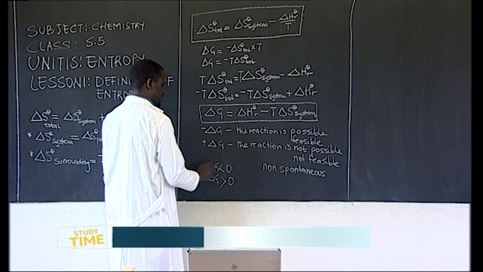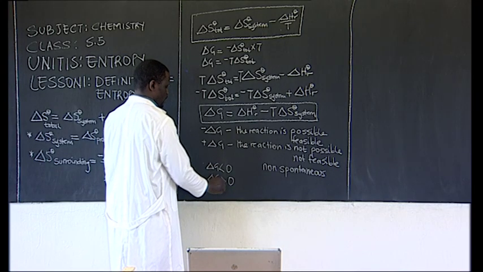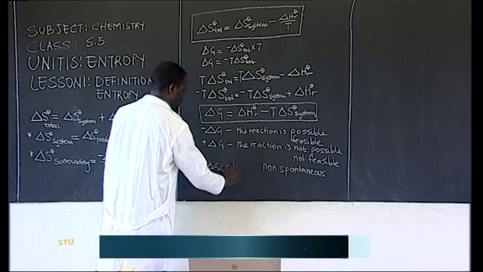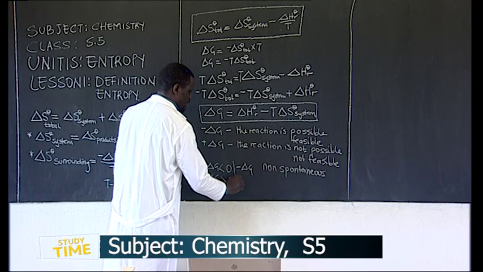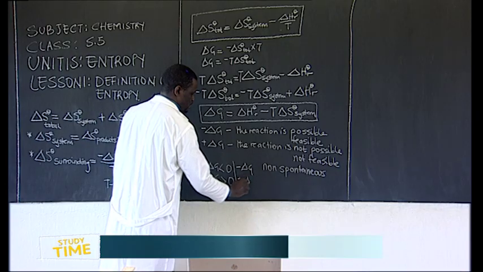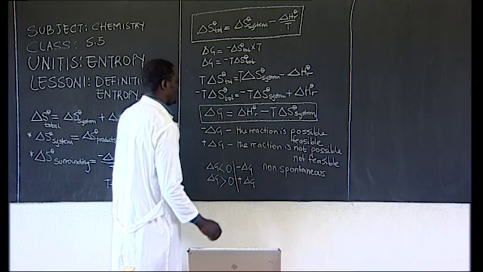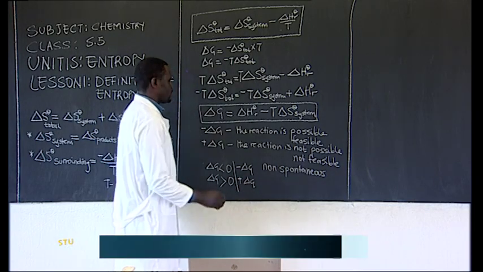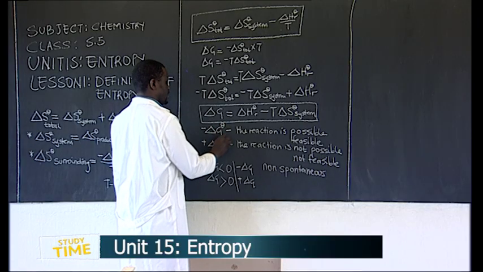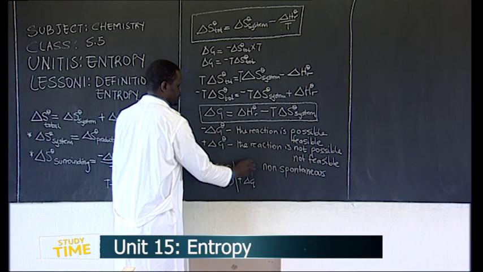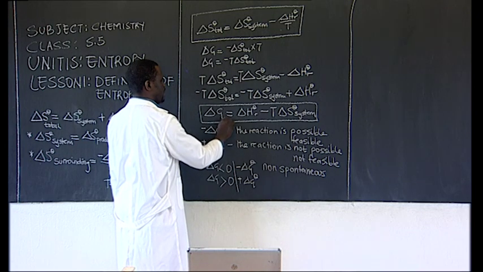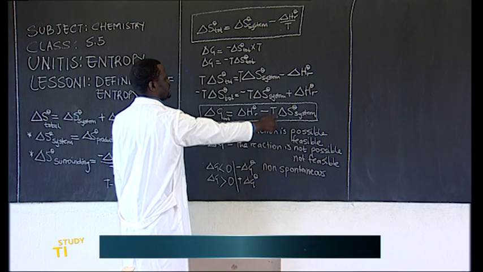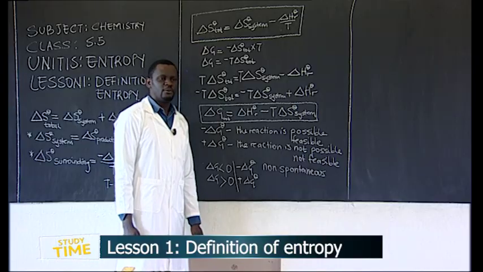So if it is less than 0, then this one will be negative; here we shall have negative delta G, and here we shall have positive delta G. For standard values, we normally put this thing here for standard units. And sometimes to be specific, we can put total here, because even this one can give free energy.